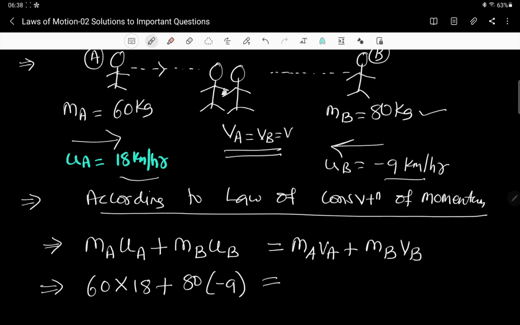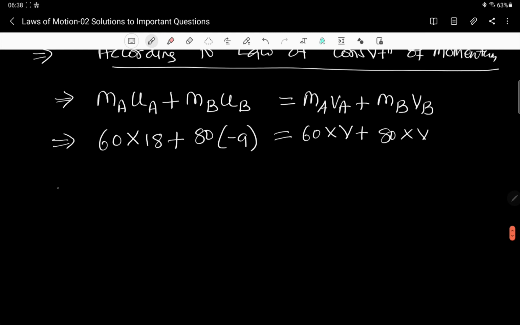And what is the value of mA again? 60 into vA, where v is there, plus mB, 80 into vB, where again v is there. So let us try to do this. 60 into 18 is 1080, and minus 80 into 9 is 720, and on the right side it becomes 60V plus 80V.